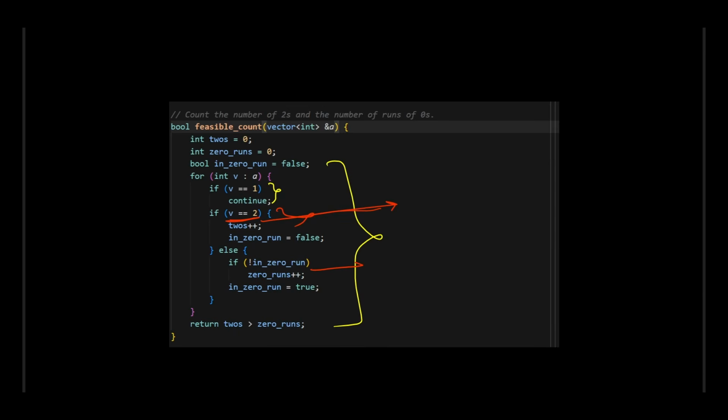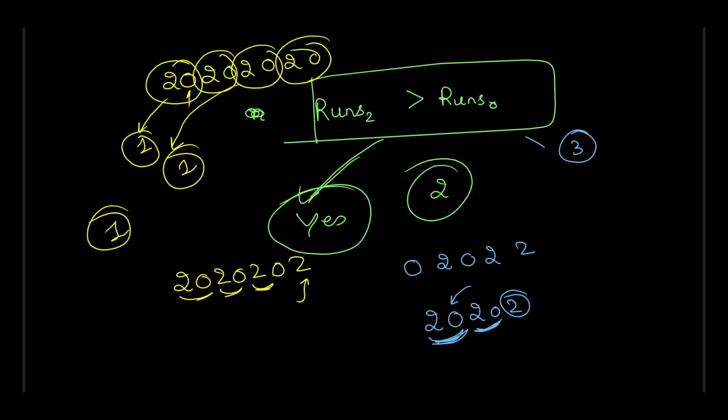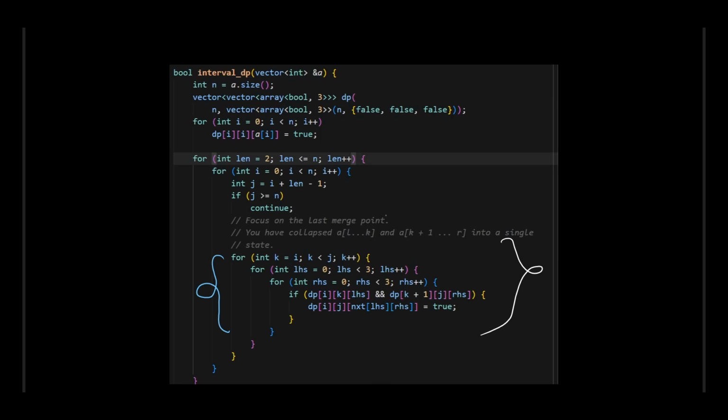Otherwise you count the runs of 0's, and then if the runs of 2's is strictly greater than the runs of 0's, then your answer is yes, otherwise your answer is no. So it's a simple O of n code, just a greedy strategy works. No need for that complicated interval DP thing that we were doing earlier.